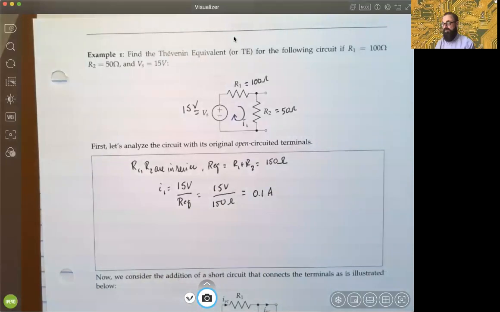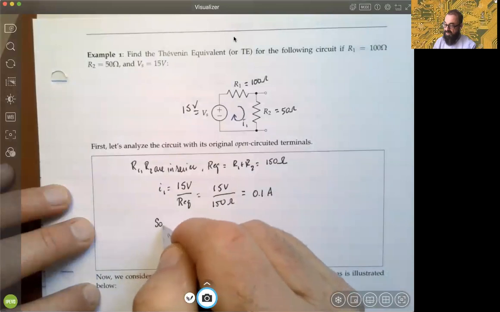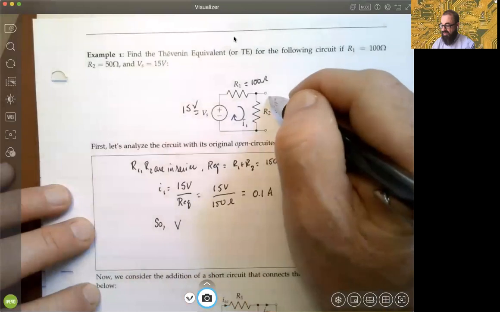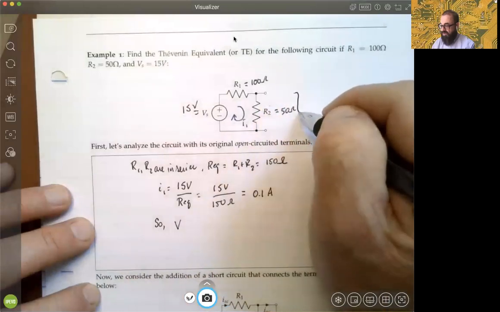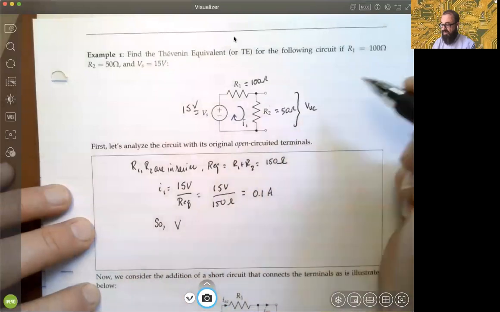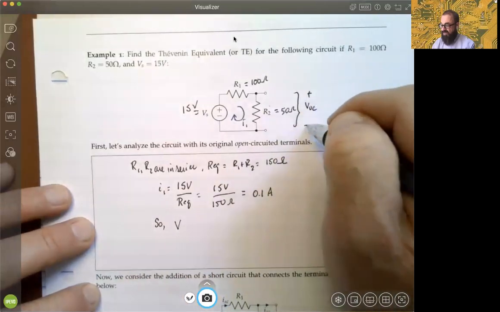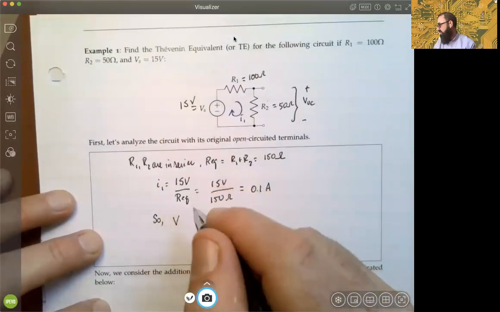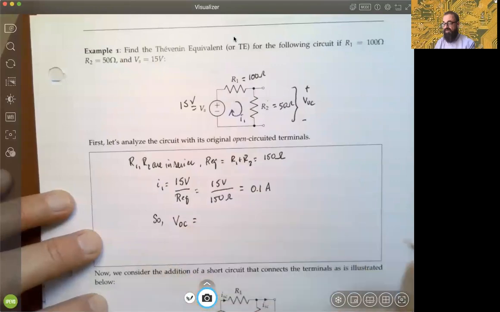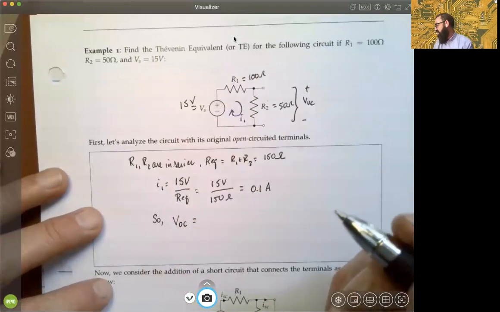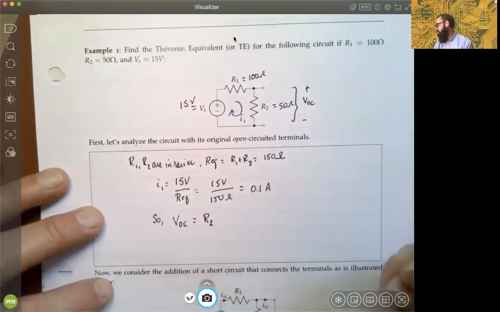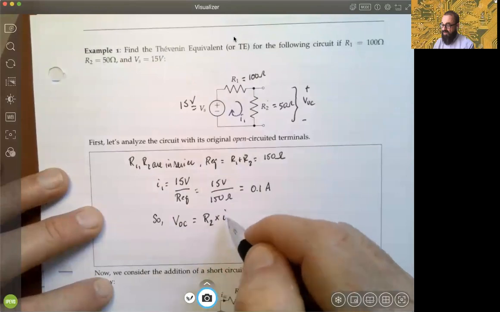So what that says is that the original open voltage, the voltage between those two open terminals, which we're going to label positive, negative, matching up with the voltage source there, has to be whatever that resistance R2 is multiplied by I1.